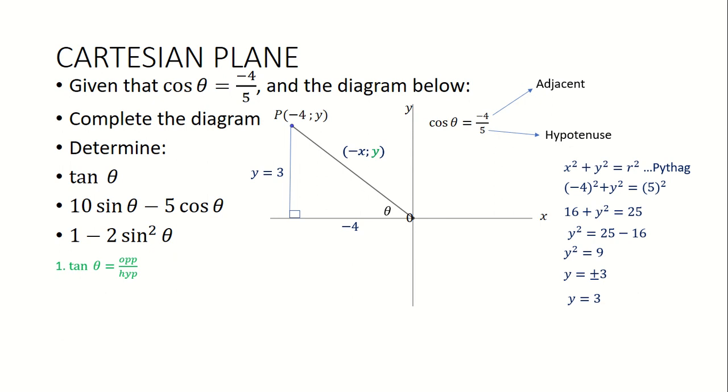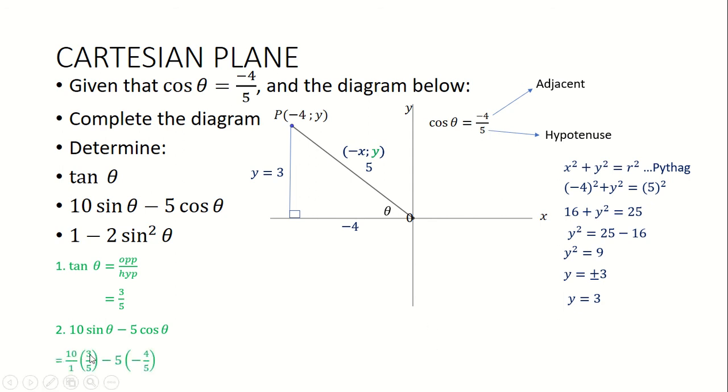Okay, once you've done that, guys, you can now answer the questions. Sine is opposite over hypotenuse, so I'm going to have 3 over 5, and I have 10 sine theta minus 5 cos theta. In this case, I will simply substitute 3 over 5 where there's sine, and I will substitute negative 4 over 5 where there is cos, and this is what it will give me.